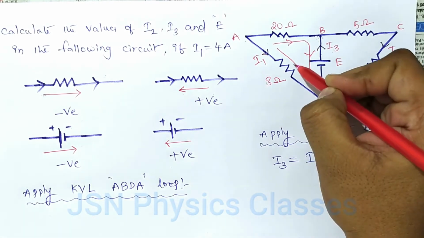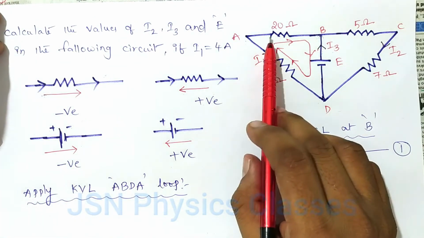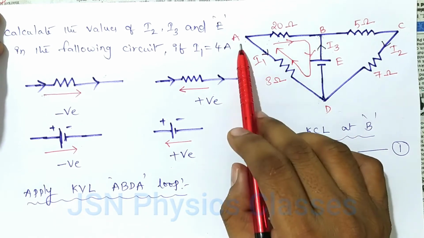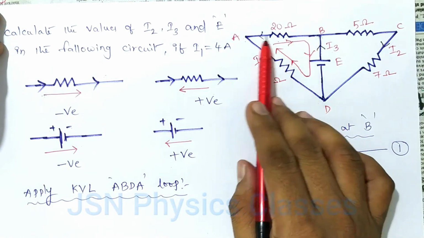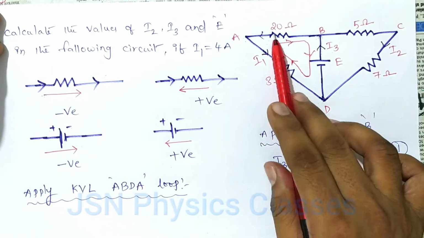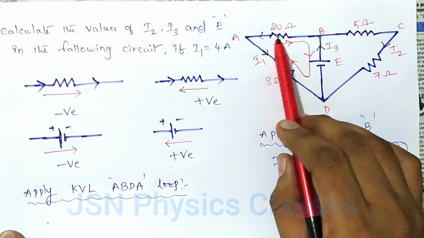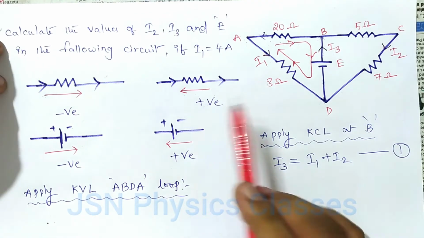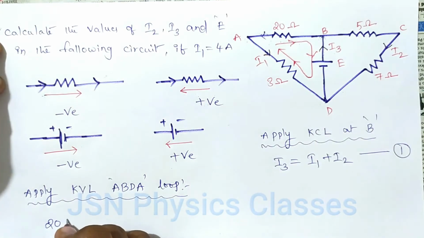The actual current direction is B to A, and the loop direction is opposite to it, so take it as positive: plus 20 I1.